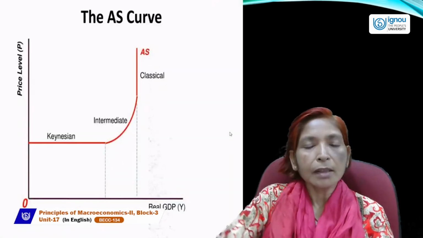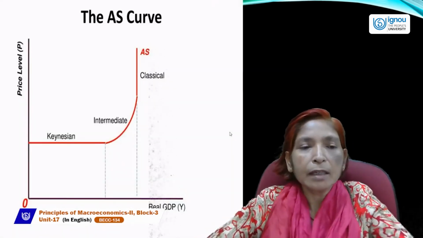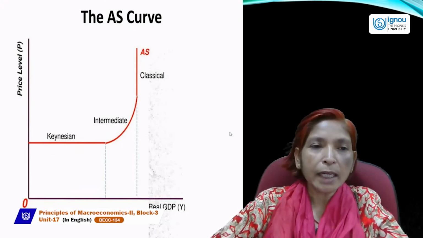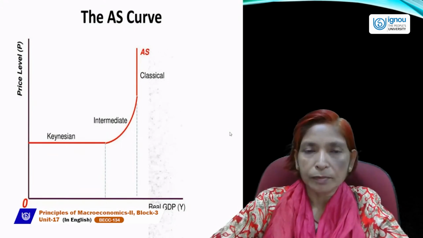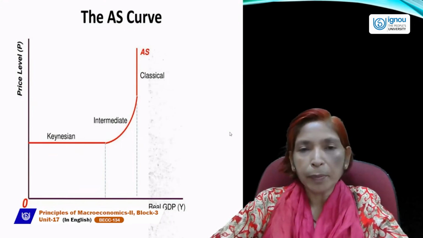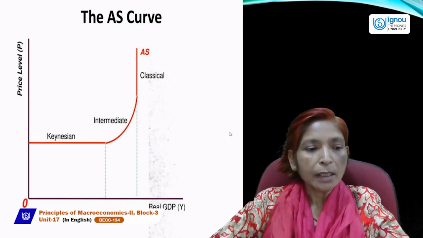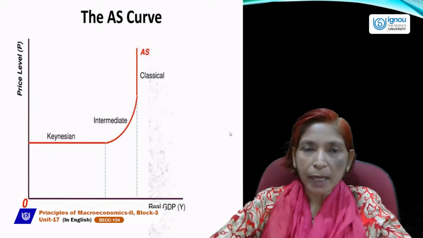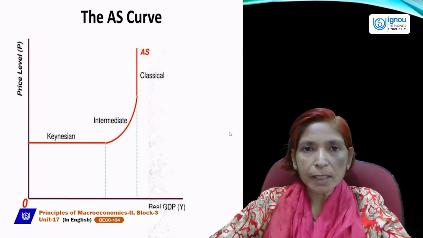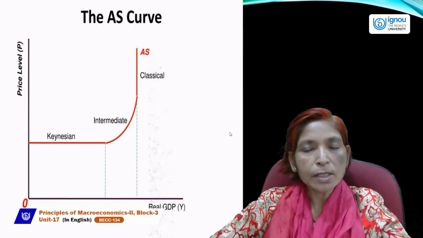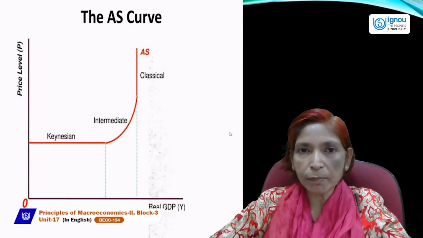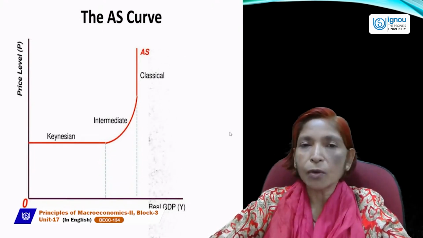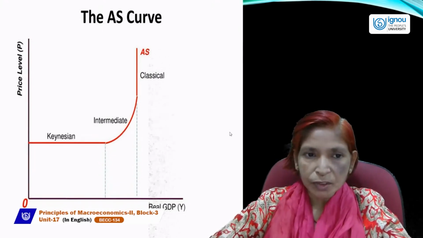Next is the nature of the aggregate supply curve. How can the aggregate supply curve represent three different ranges or stages? As you know, the supply curve is always an upward sloping curve, which shows a direct and positive relationship between price and quantity supplied.